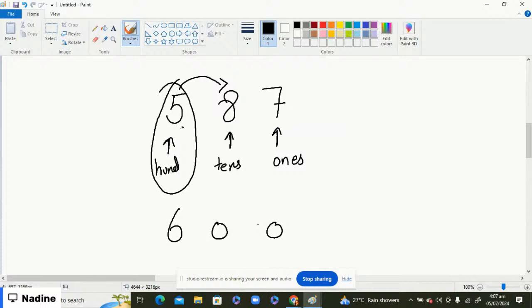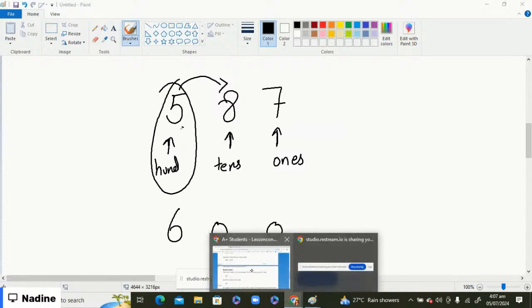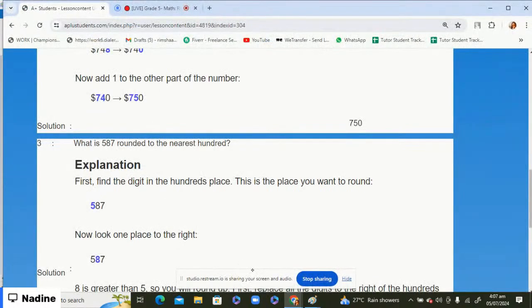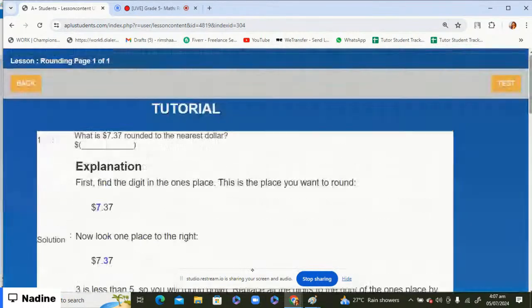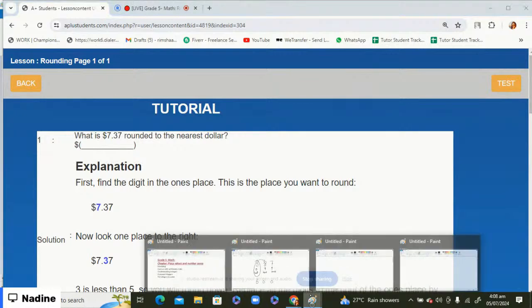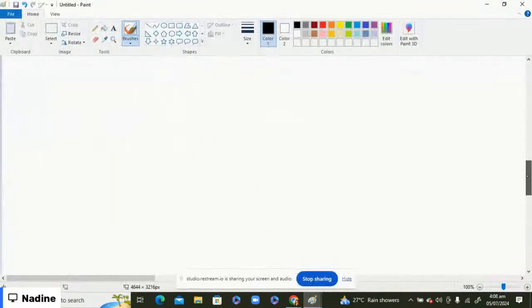So let's take another example. Now we are going to take some examples by ourselves. For example, I'm going to write down a question here: 694.